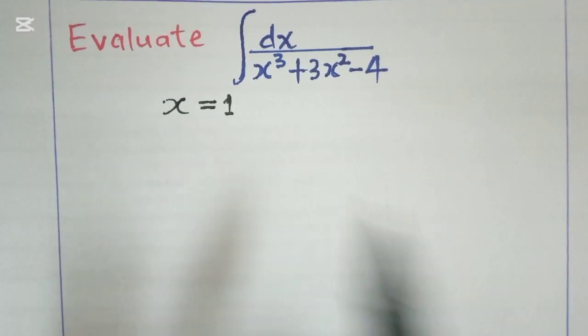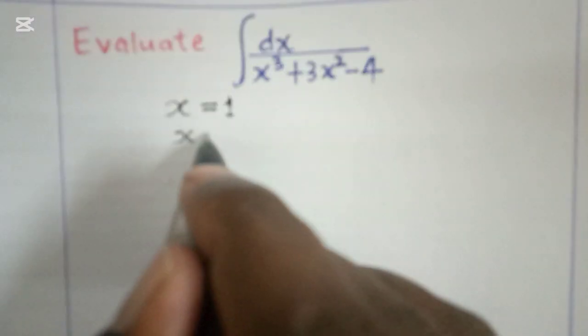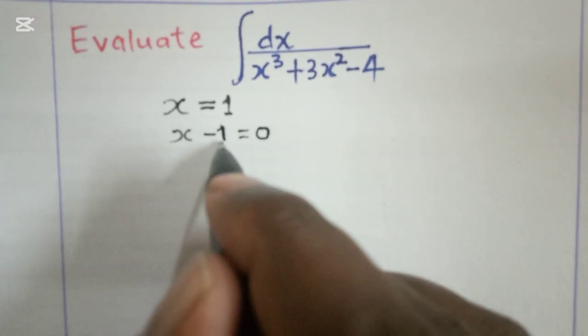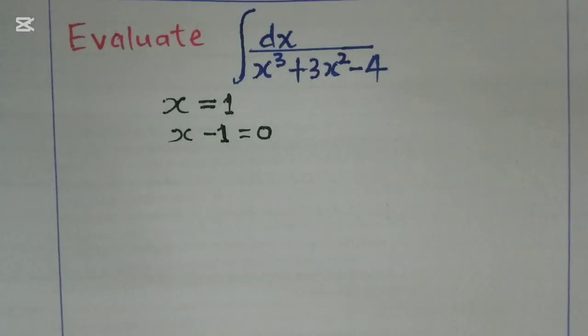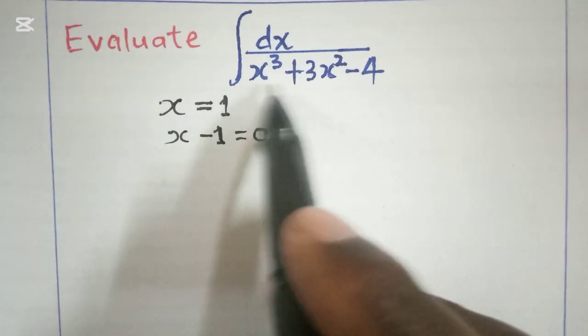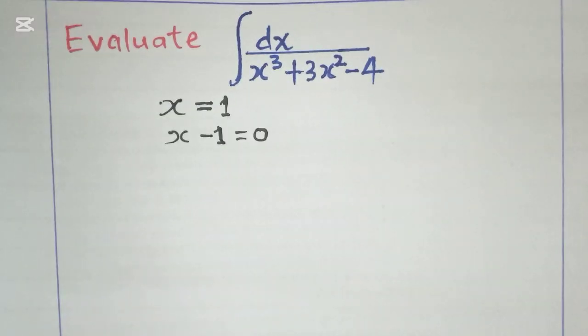The way you transform it is x minus 1 equals 0. So that is one of the factors. To get the other factors, I need to divide this polynomial by that, and that's exactly what I'm going to do right now.